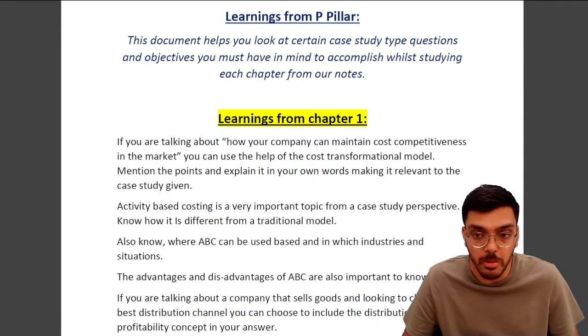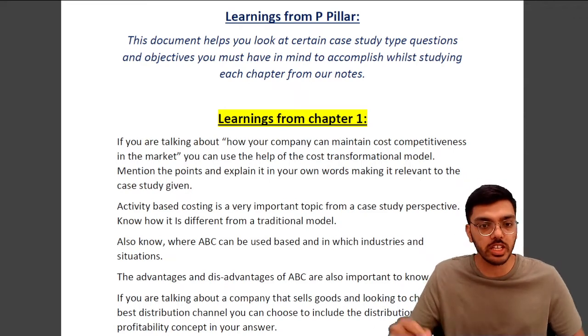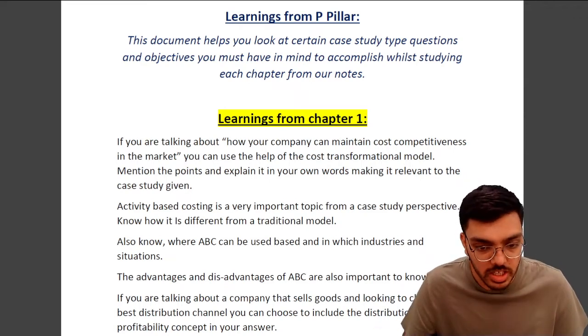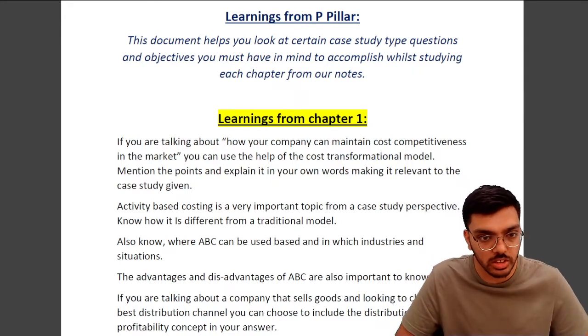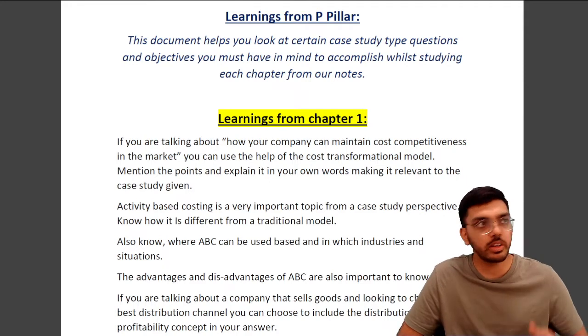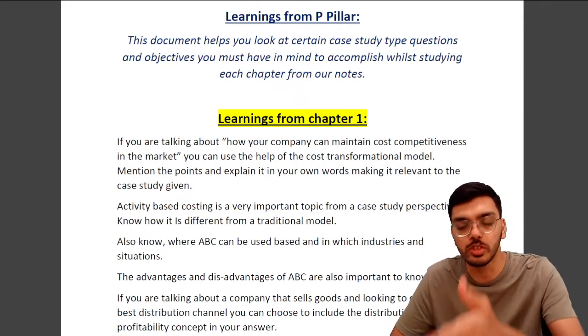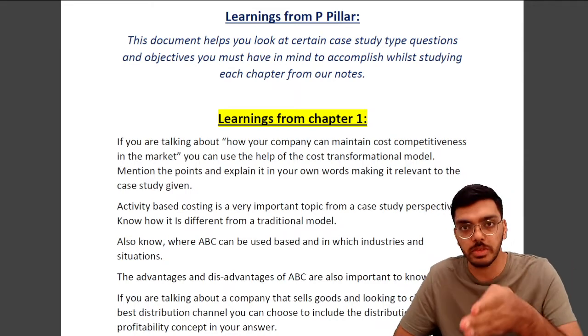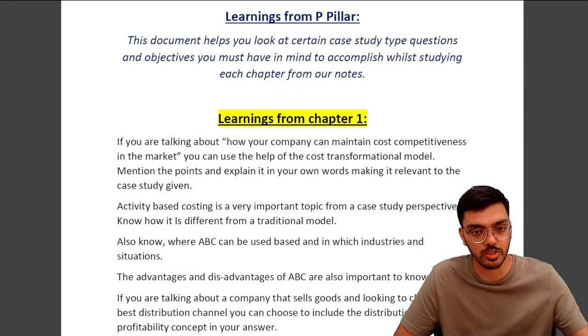And if you can come up with an explanation, you have met the criteria needed for this case study exam. Because this case study exam is all about your own simple explanations. So ask yourself, do I know how it is different? Yes, activity based costing means this, cost pools means this, cost drivers means this, and this is why it is different from a traditional costing method.